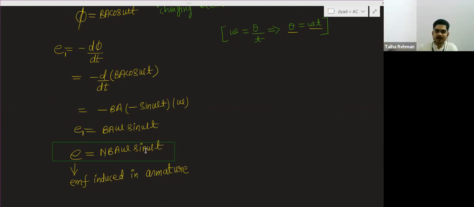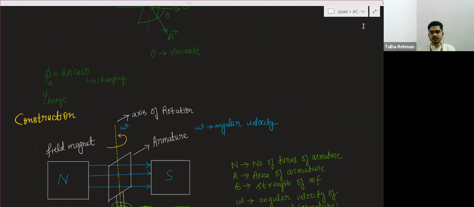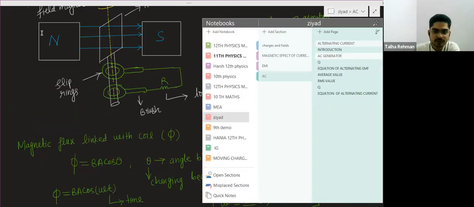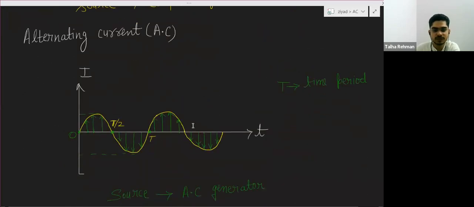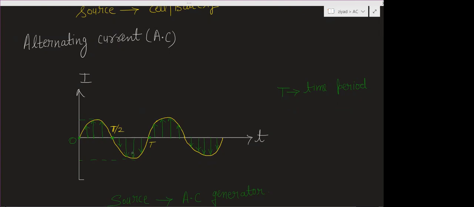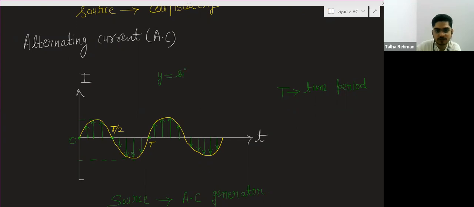That is why we have seen here that the current is in the form of the sine curve. The graph of the current with time is basically the curve of sine, y is equal to sine t.